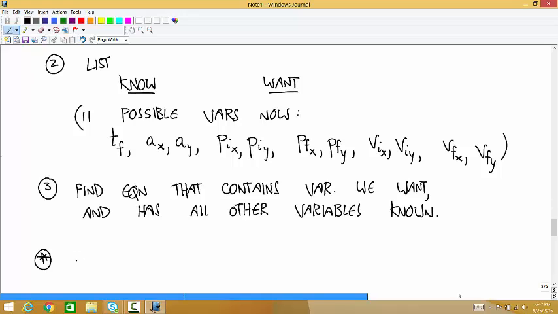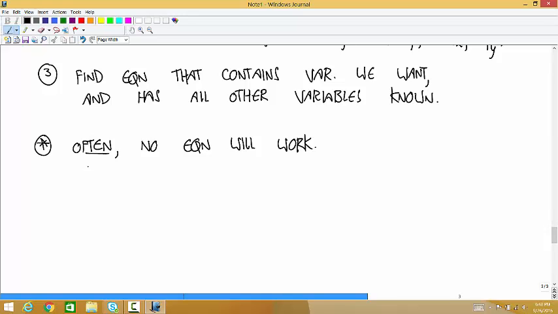So now, often, no equation will work. When that happens, solve for TF and then go back to step 2.